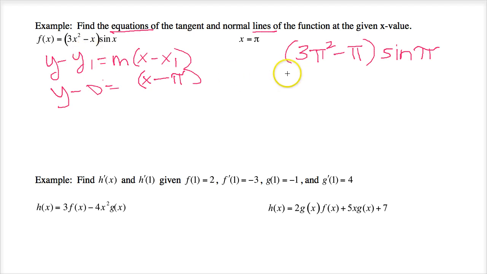I'll take the derivative of the first one, which is 6x minus 1, and I'll leave the second one alone, sine x, sorry. Plus, I'll leave the first one alone, 3x squared minus x, times the derivative of the second one. Hope you guys remember the derivative of sine, which is cosine x.